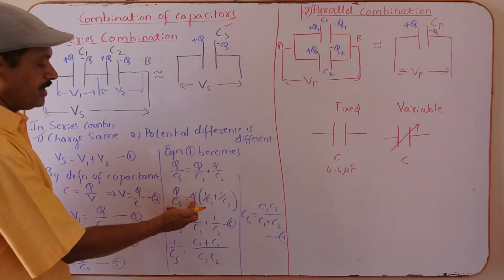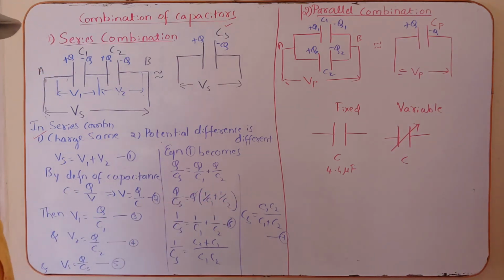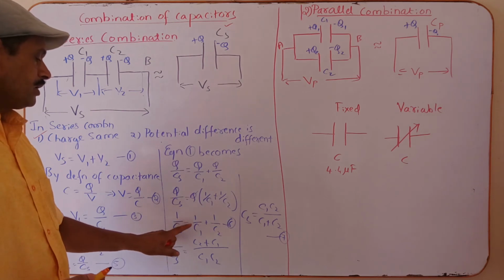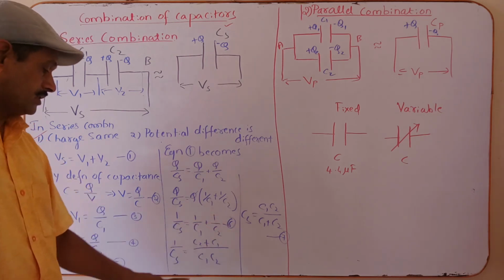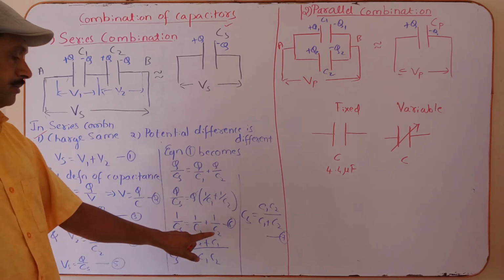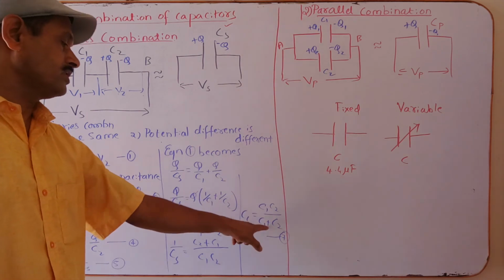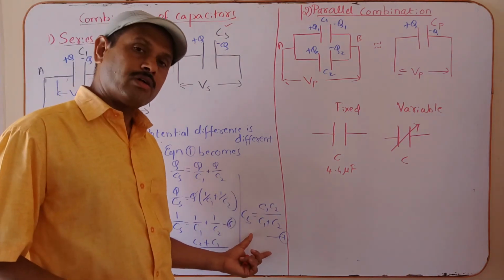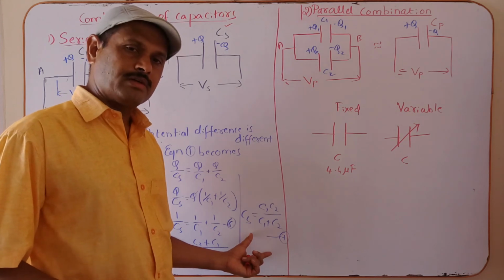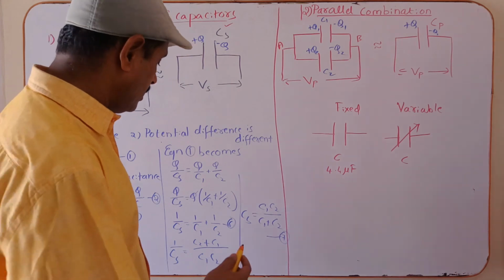Then Q common ತಗೊಳ್ಳಿ, Q by CS equals Q times 1 upon C1 plus 1 by C2. Then Q gets cancelled, 1 upon CS is equal to 1 upon C1 plus 1 upon C2, equation number 6. Taking LCM, 1 upon CS is equal to C2 plus C1 over C1 into C2, then CS is equal to C1 into C2 divided by C1 plus C2. It is the expression of effective capacitance or equivalent capacitance of series combination of capacitors.